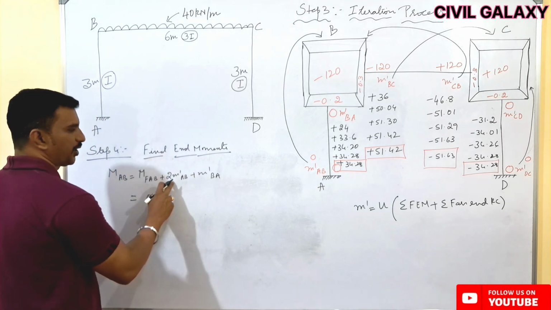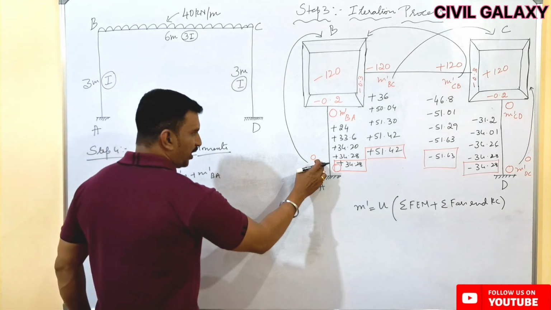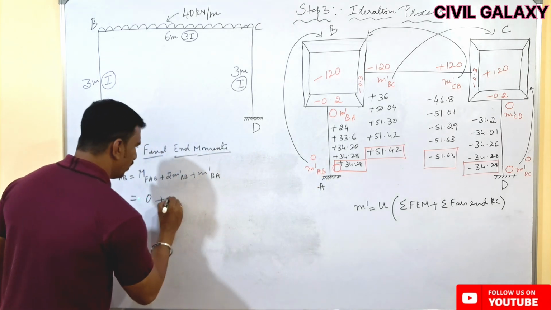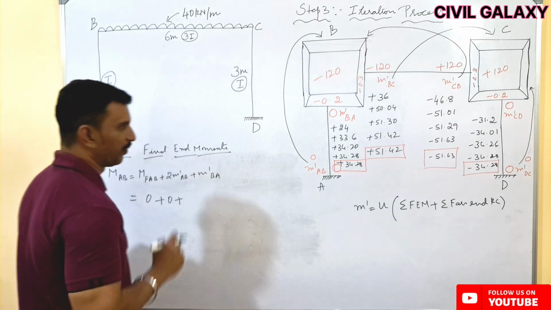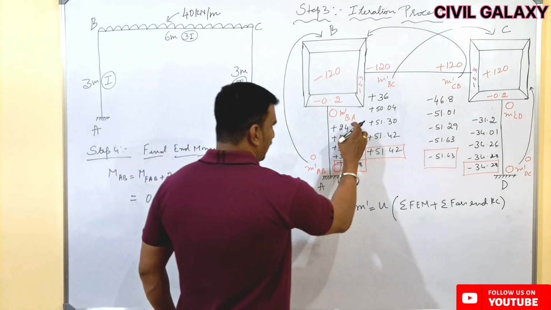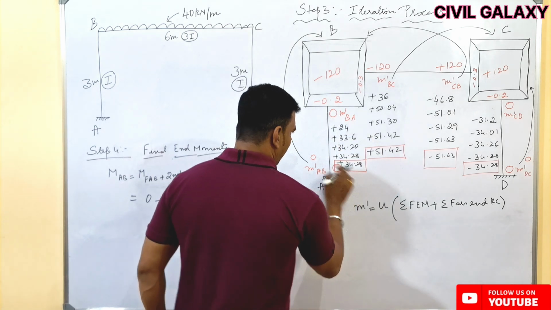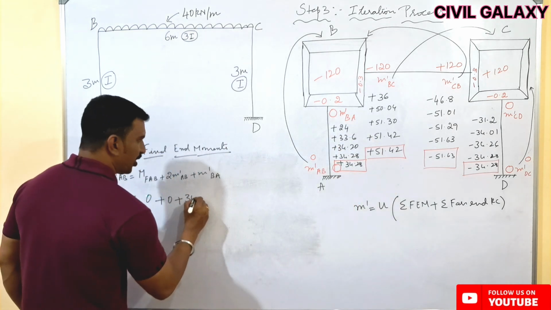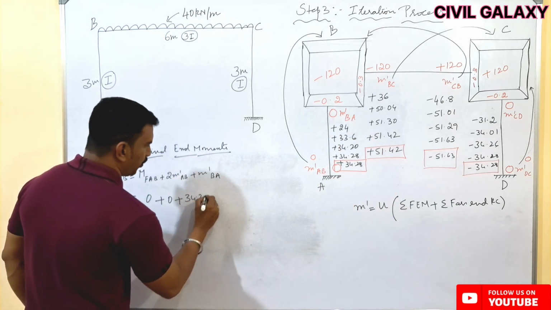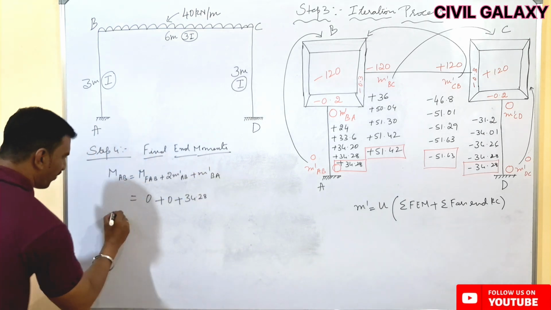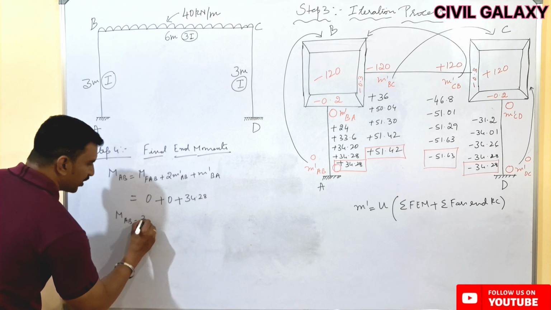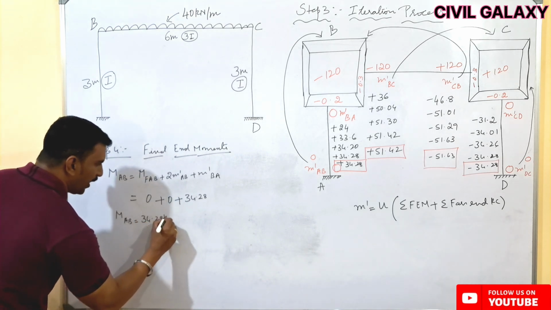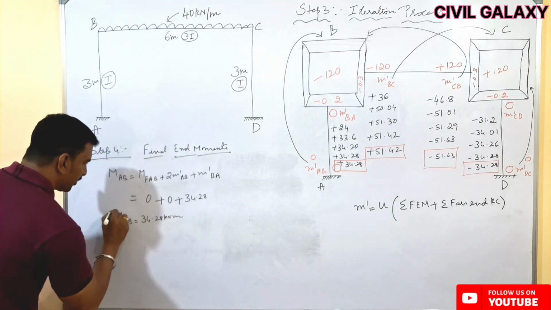and here 2 times rotation contribution about the near end. About the near end, the rotation contribution here is 0, plus 1 time the far end rotation contribution. M dash BA, we have considered the final value here, is plus 34.28. So the final end moment from A to B is 34.28 kilonewton meters.